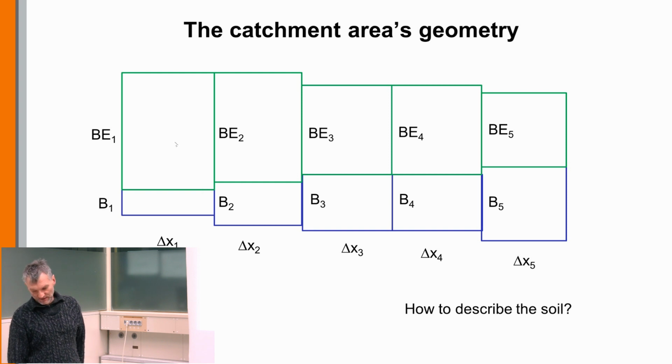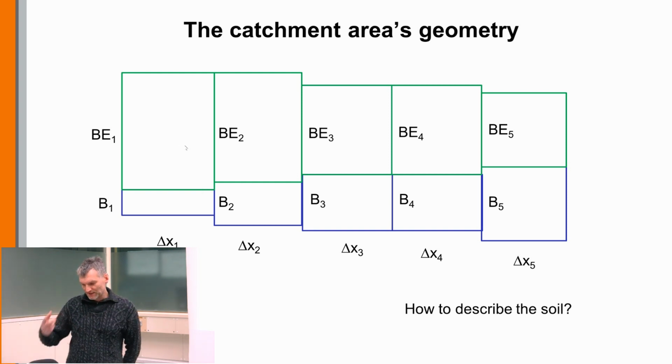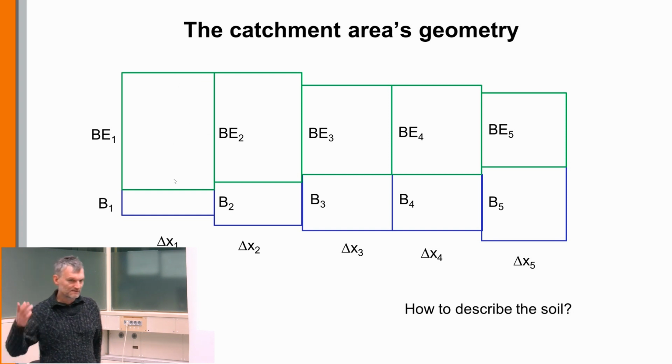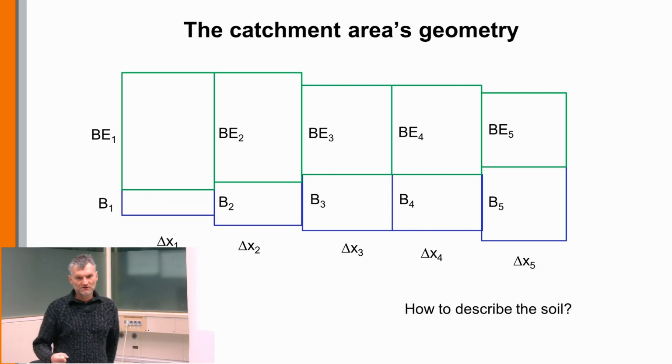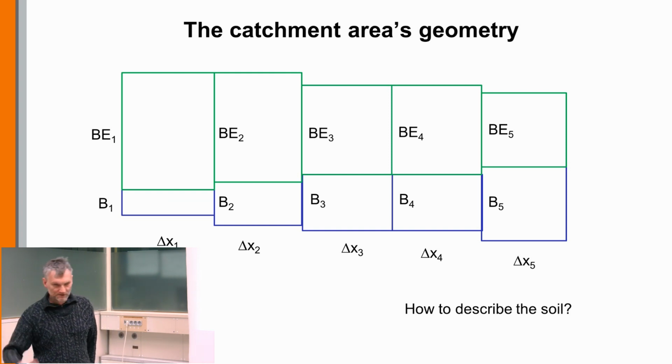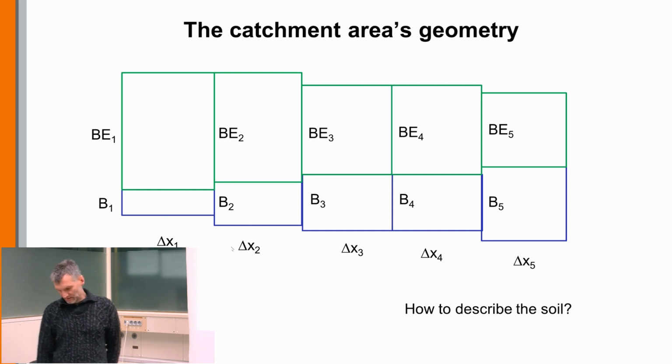Normally the groundwater elements have a much larger width than the river. A river has a width of something like 10 to 100 meters, and the groundwater or soil compartments can have a width of, I don't know, 1 kilometer, 10 kilometers, or whatever. So the width of these two things is totally different.